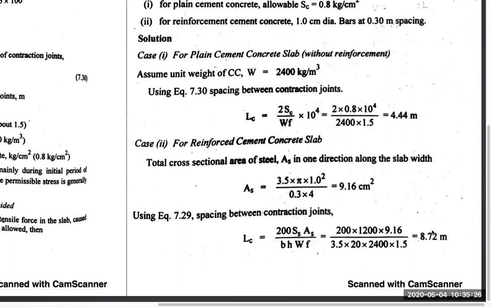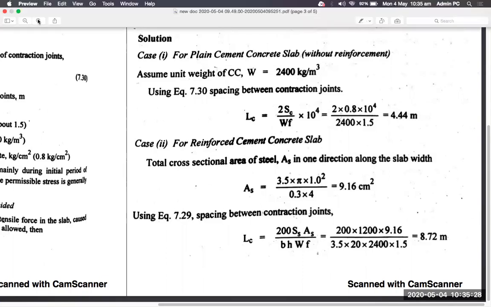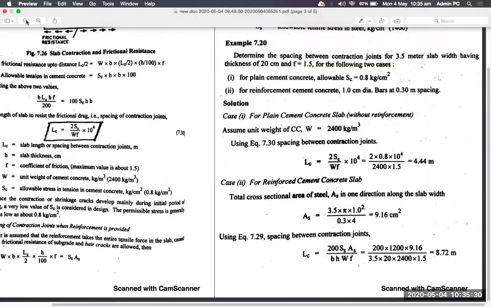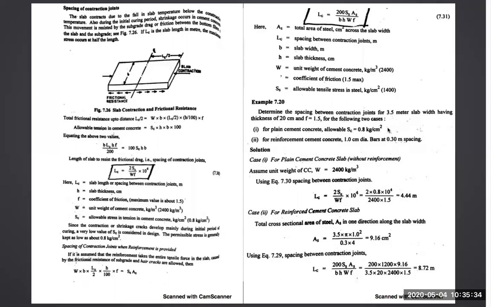So this is case 2. So very simple problems are there. The only thing is you need to remember these equations for calculating the contraction joint intervals. So this is for plain cement concrete. This is for reinforced concrete.